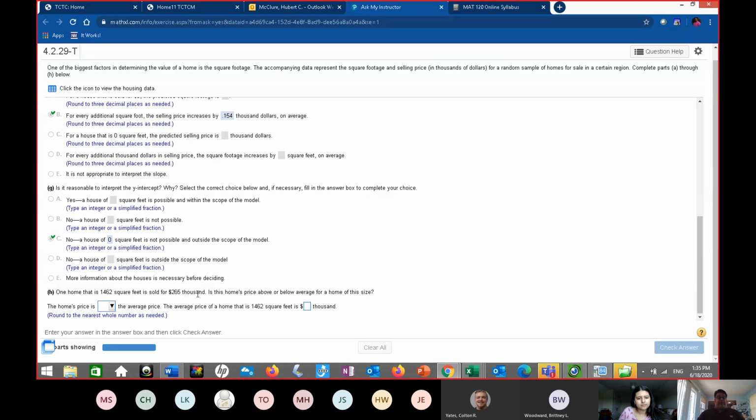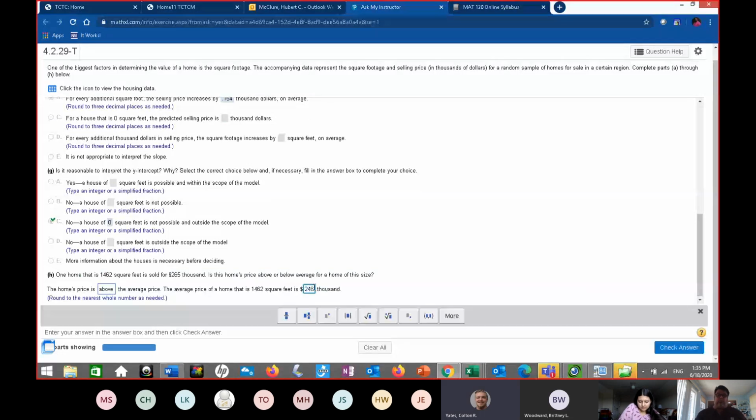Okay, so our average is lower than the accepted. The home's price, so they're talking about this one, is higher than the average. The average price y'all said was what? 246. And you hit check.